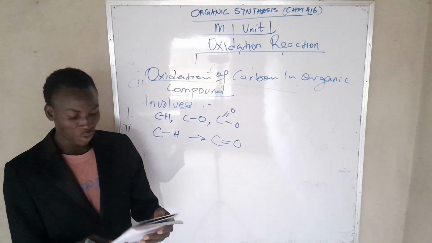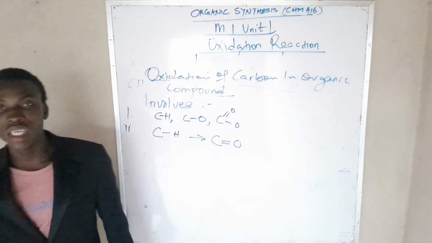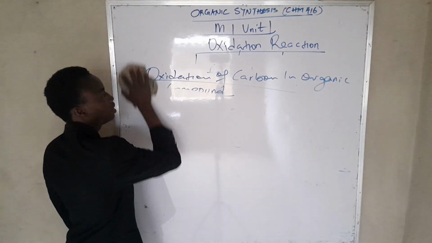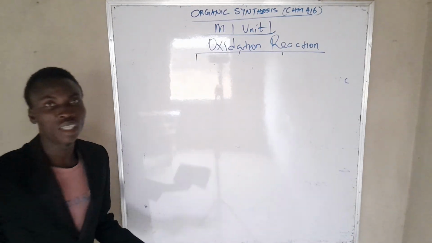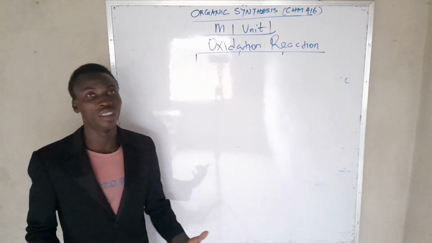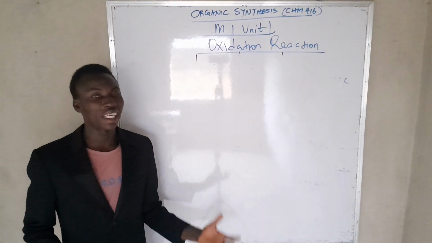Now, number three we have to discuss right now is what we call oxidizing agents. We cannot oxidize a compound without oxidizing agents. Why? It should be noted that most of these organic compounds require catalysts because their reaction is very slow compared to inorganic compounds.